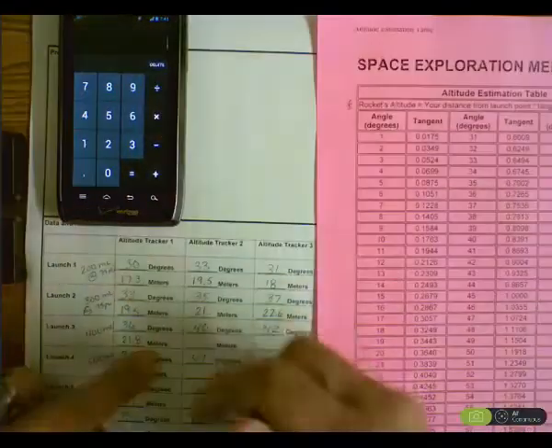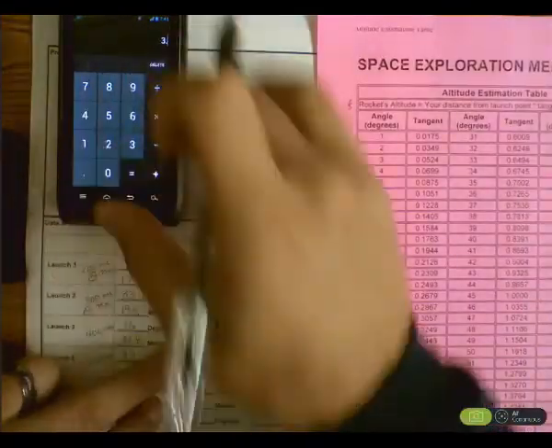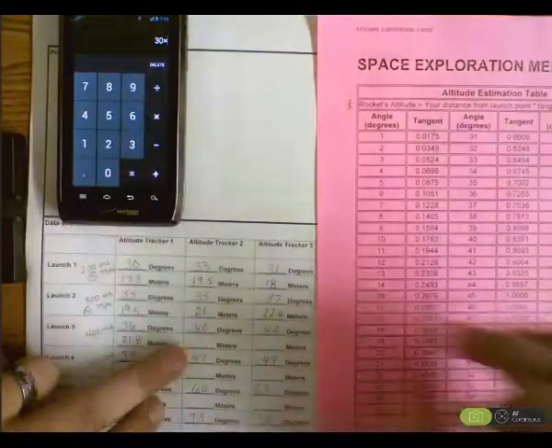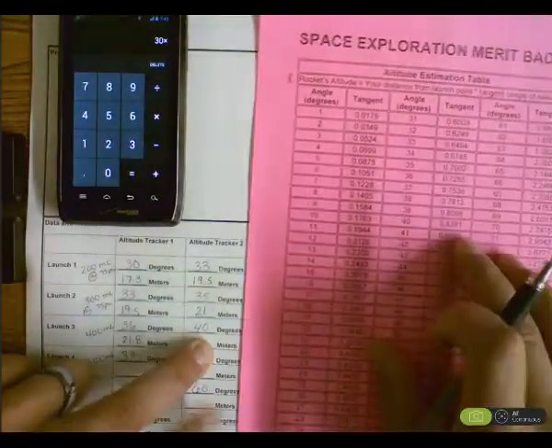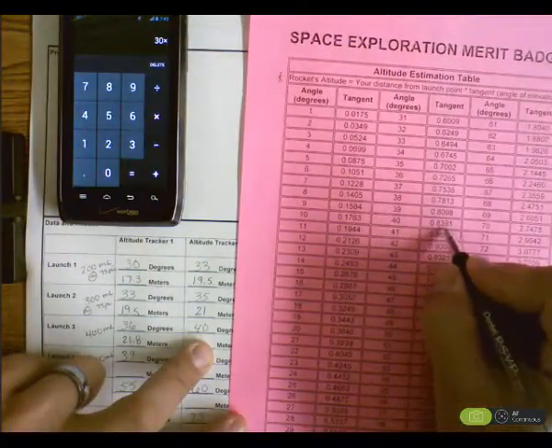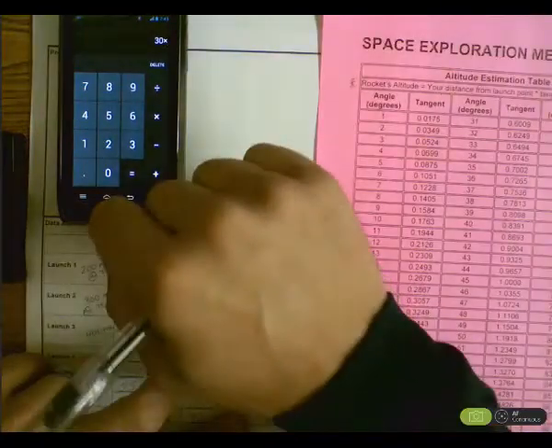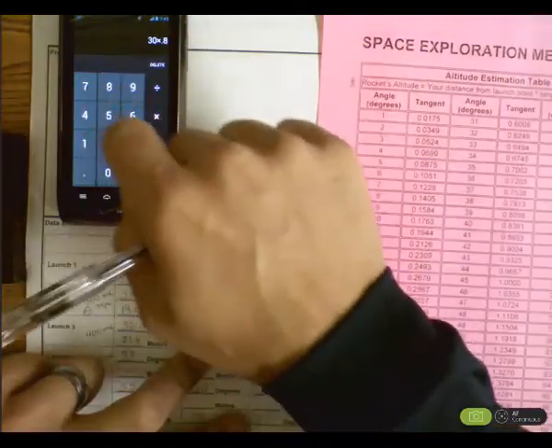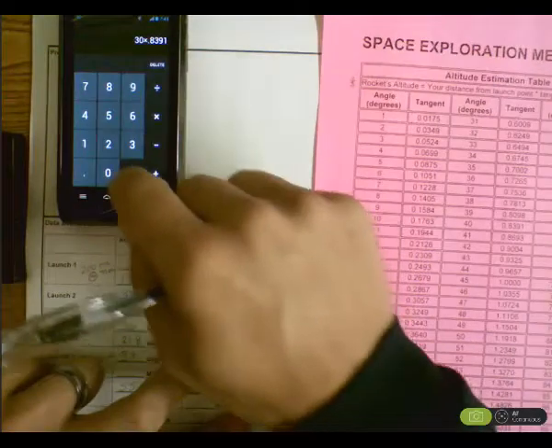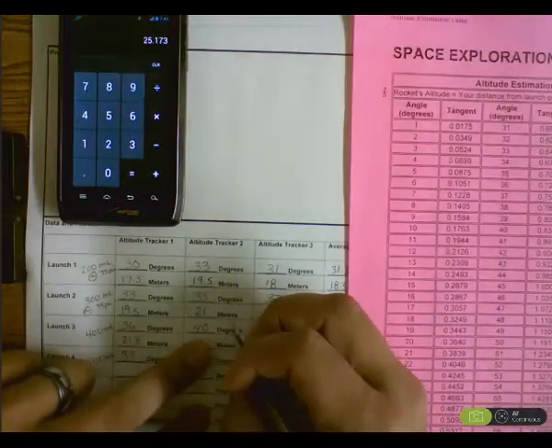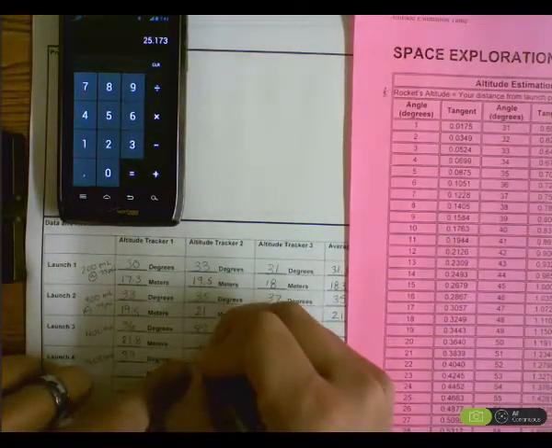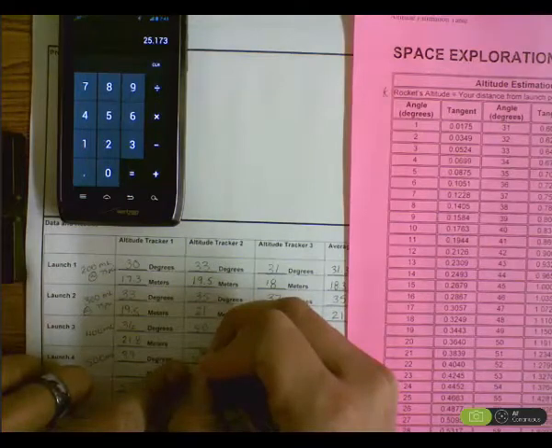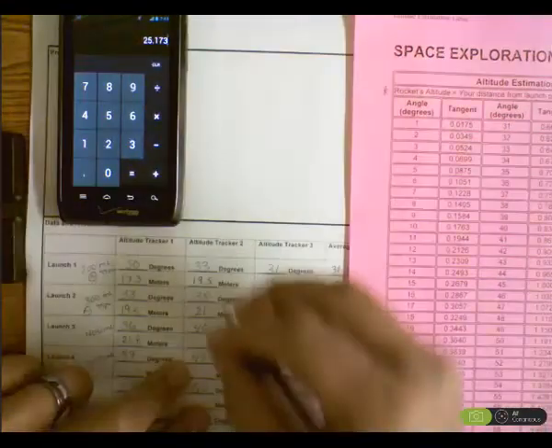Next one, 30 times 40 degrees, I find it in my chart, is 0.8391. Equals 25.1. Well, we can round that up to 25.2 because the 7 would round the 1 up to a 2.